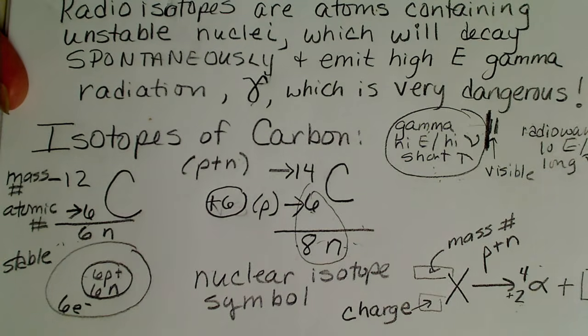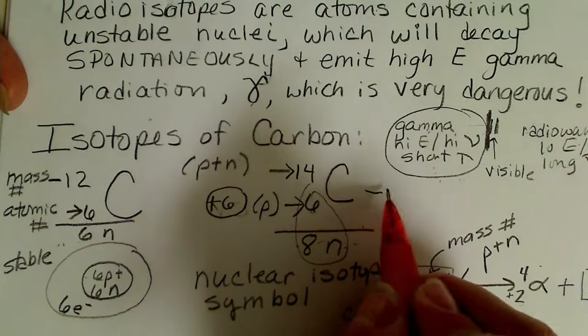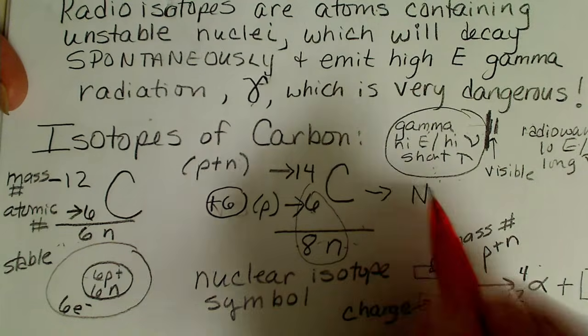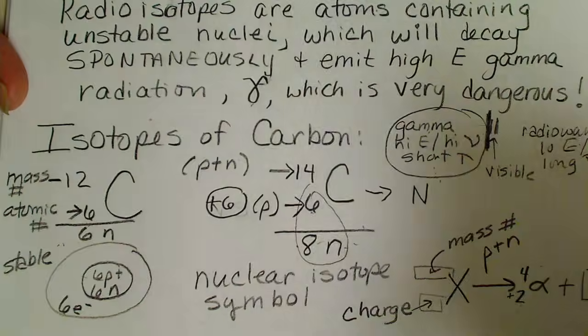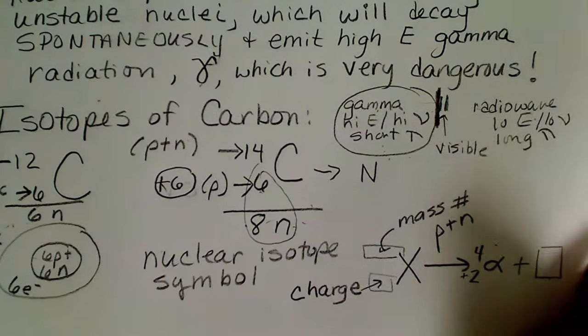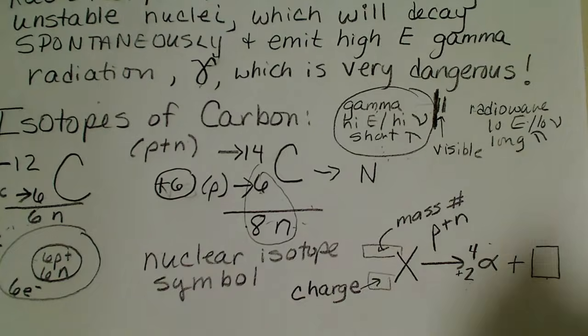But carbon-14, because of the excess neutrons present in the nucleus, is radioactive. It's used for carbon dating. And when carbon-14 decays, it actually turns into nitrogen. So the process of nuclear decay results in a new atom or a new nucleus.